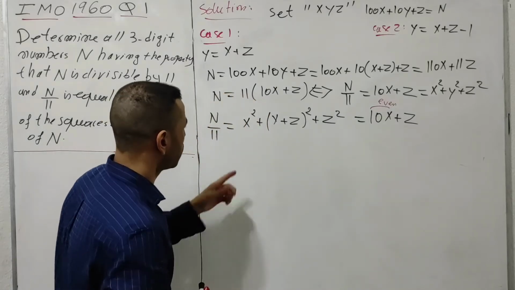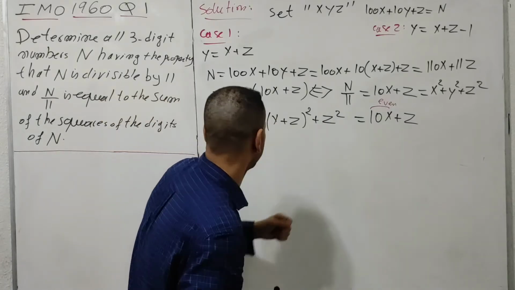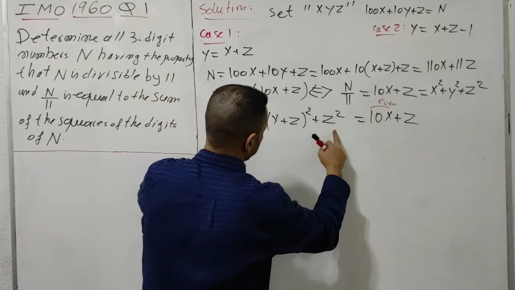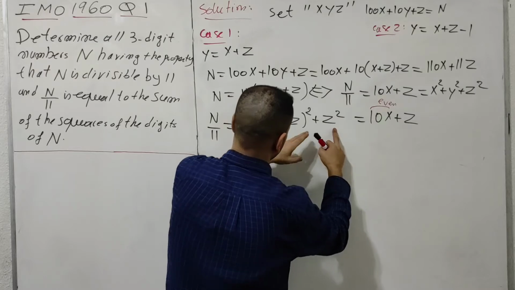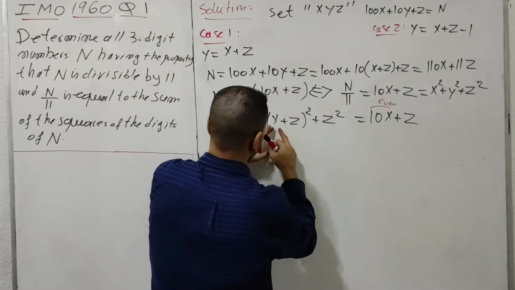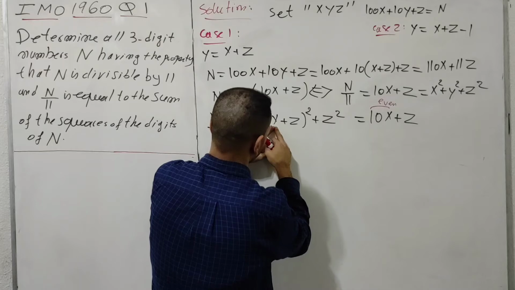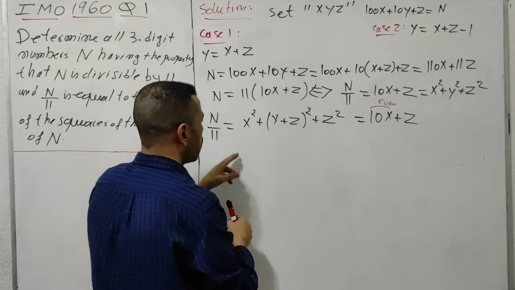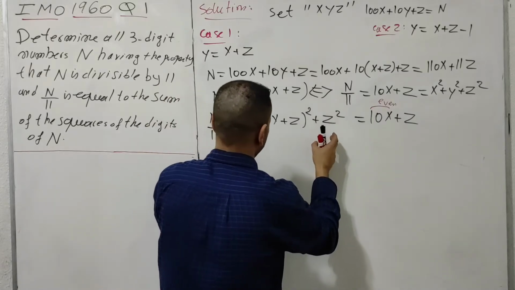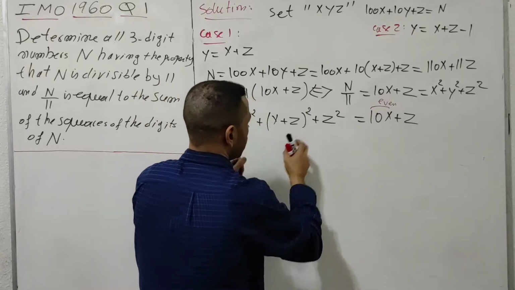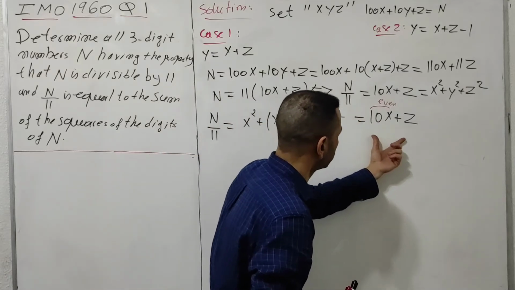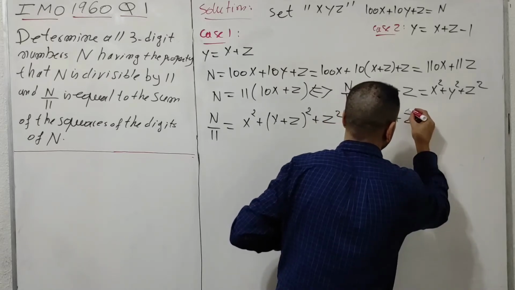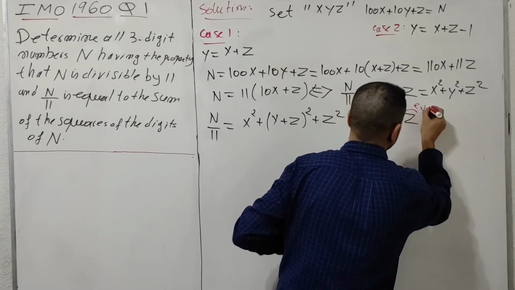But in case x is odd and z is even, or x is even and z is odd, even plus odd is giving you odd, and odd plus odd is giving you even. Whatever you write, you find these numbers are even. That means the right hand side of this equation is even. Since this term is even, this term must be even as well.